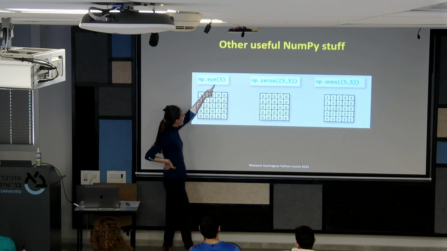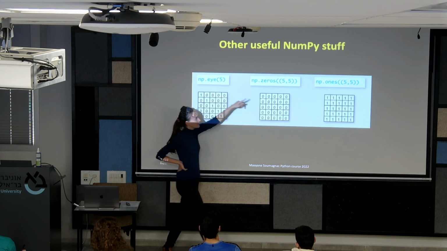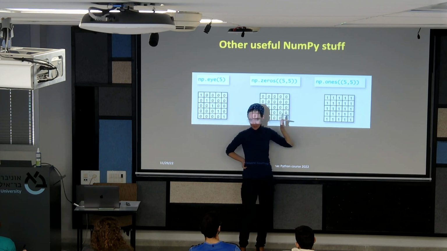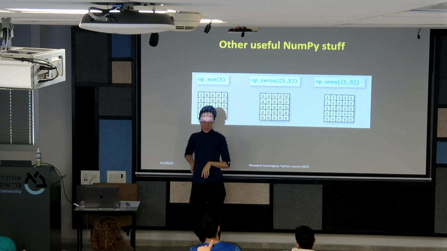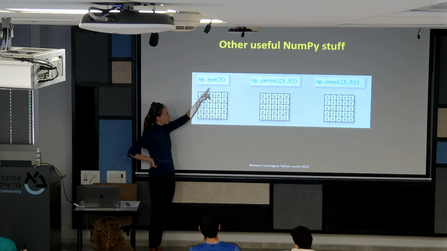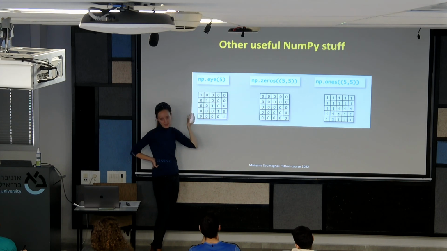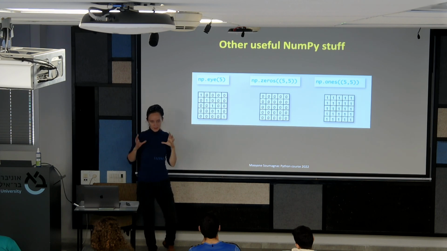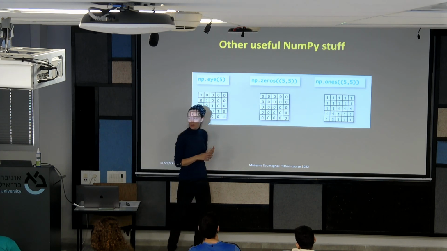So Numpy I, you don't have to put 5, 5, and here you have the diagonal. This can be confusing. Yes, so this creates a diagonal matrix that is a 5 by 5 one, but you don't have to specify that it's 5 by 5 because all diagonal matrices are square.